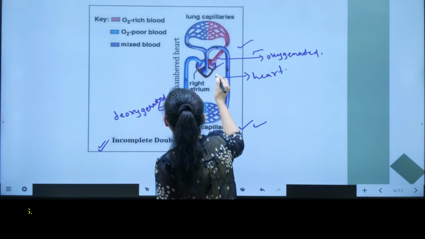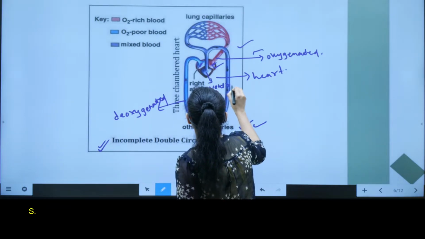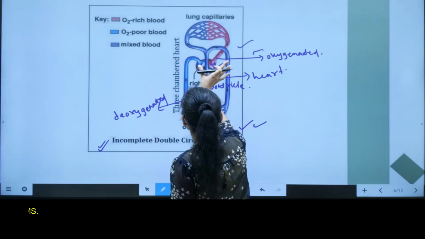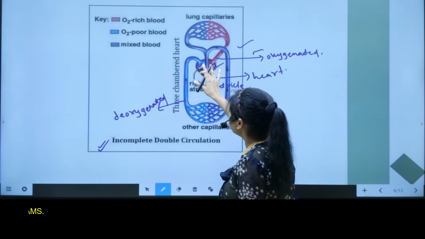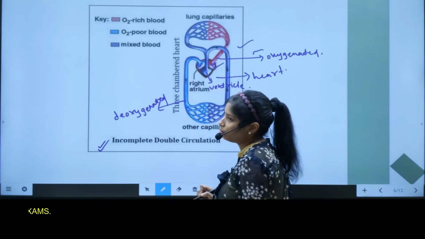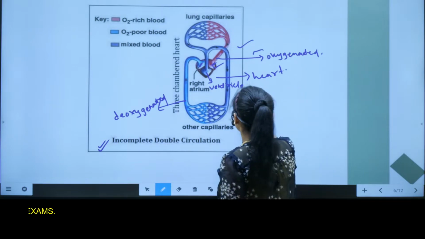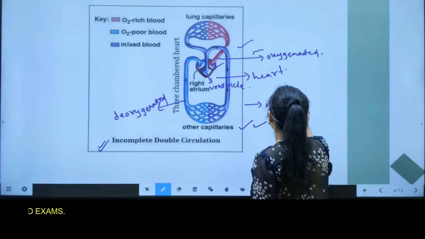But here there is only one ventricle, where all the oxygenated and deoxygenated blood present in the right and left atrium gets mixed up. So it is also known as incomplete double circulation.